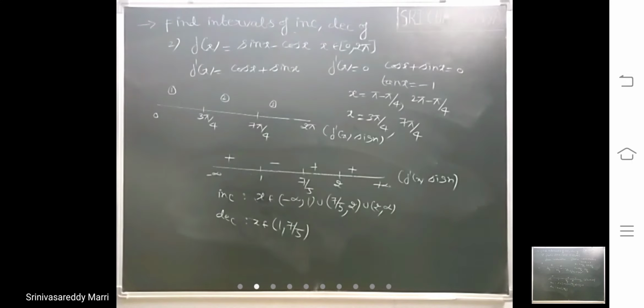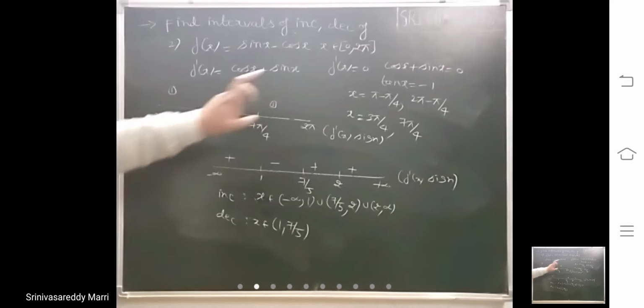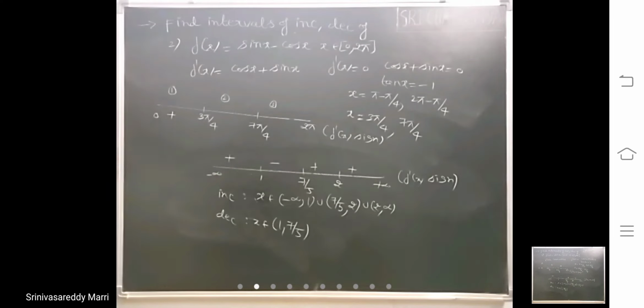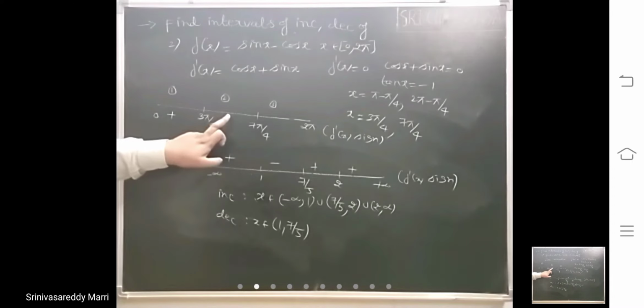Now look at this interval 0 to, this is 135. Take any x you want. So here pi by 2 is there. Pi by 2 if you substitute, this is 0, this is 1. That means here it will be positive. This is 135, this is 7 into 45. That means in between 180 will be there.